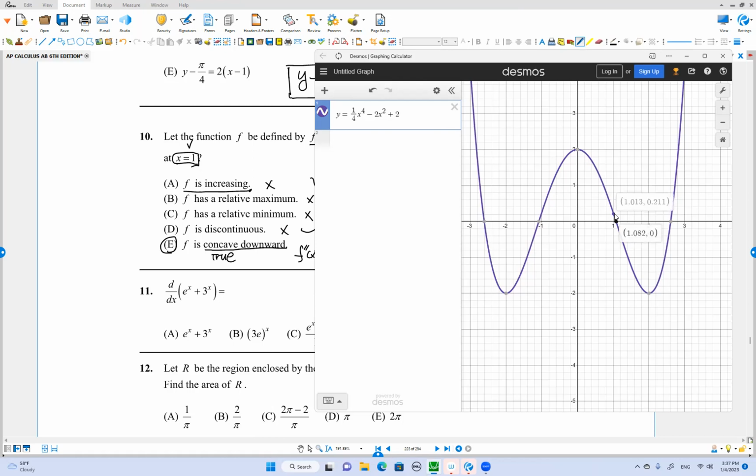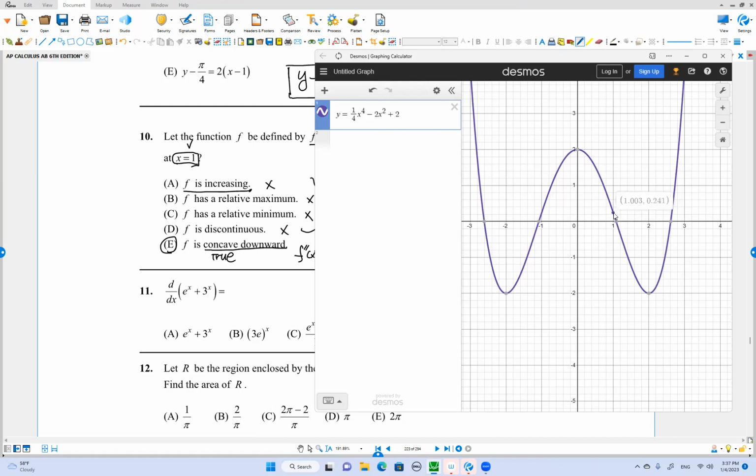Around over here at x equal 1, this graph is decreasing, right? Okay with this? At this point, there is decreasing.